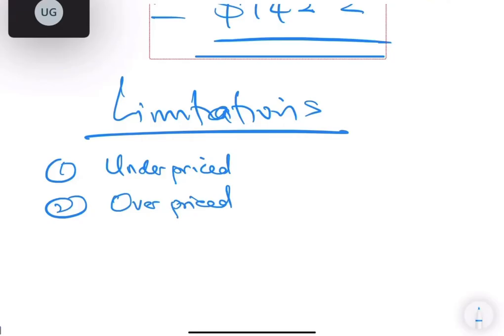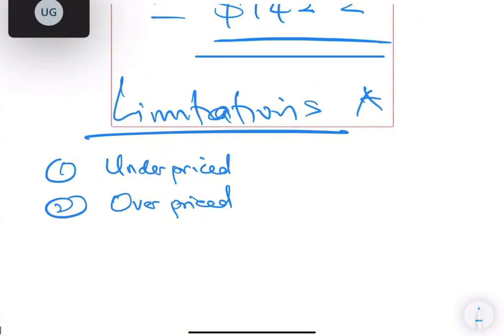So talking about the limitations of cost plus, there are two of them and they are related. The first is the fact that the product can be underpriced. And do you know why it can be underpriced? If you base your price on your cost, you might be losing the opportunity of a market that is willing to pay more than that.